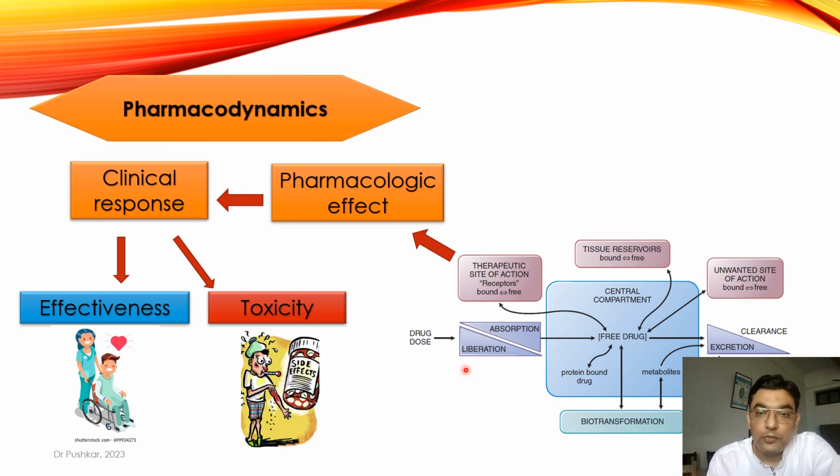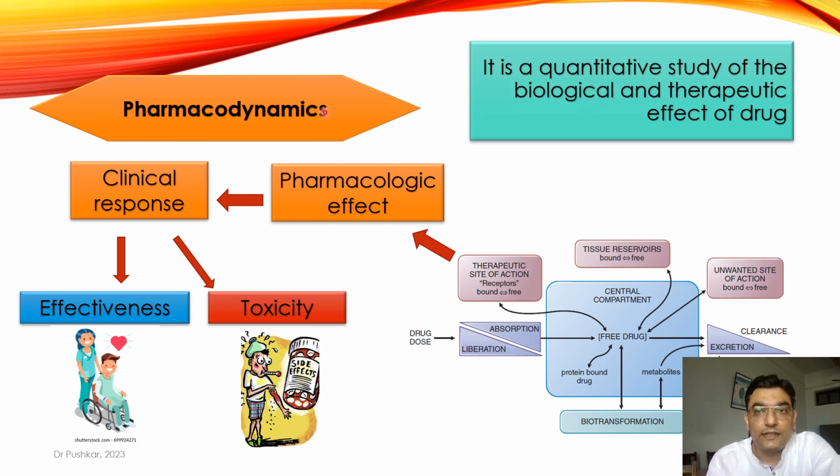Whatever happens to the drug is pharmacokinetics, but whatever the drug does to the body is known as pharmacodynamics. It is a quantitative study of the biological and therapeutic effect of the drug.